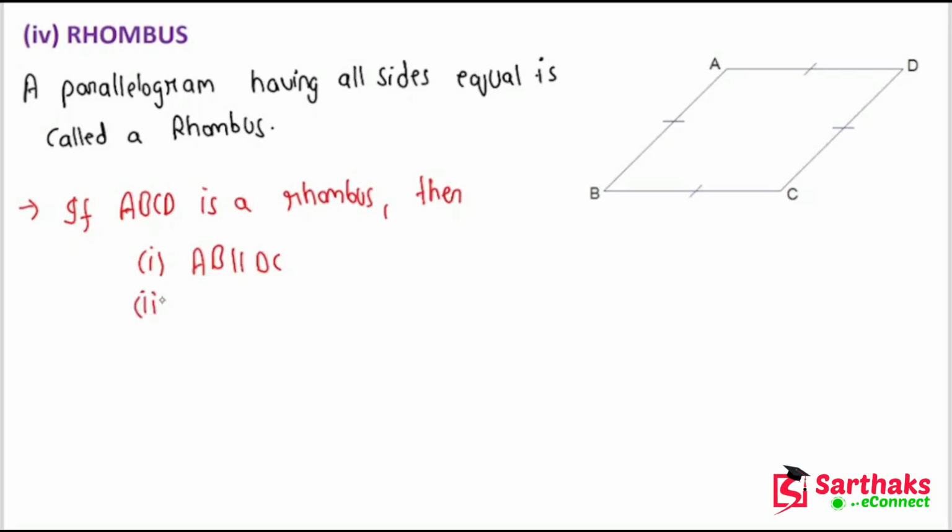Second condition should be BC should be parallel to AD. So opposite sides are parallel. These conditions follow from the fact that rhombus is also a parallelogram. And the third and important condition which separates rhombus from a parallelogram is all the sides are equal. That is AB is equal to BC is equal to CD is equal to AD. So this is all about rhombus.